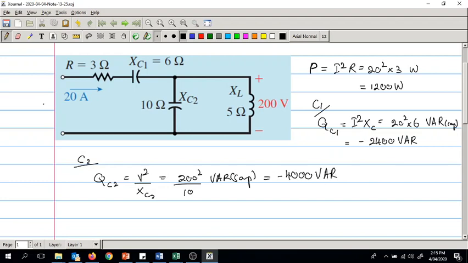The last is the inductor. So for L, QL is equal to, again, V squared over XL, which is 200 squared over 5, which is VAR inductive. So it is 8000 VAR, plus, because it is an inductor.